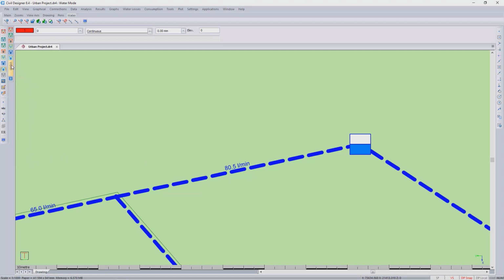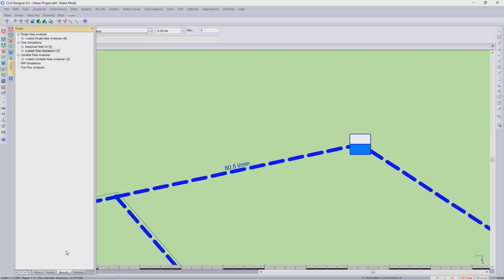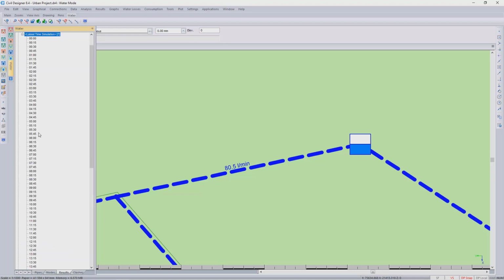So we'll go over to our water, we make sure that we're in the results tab, and we can expand our time simulation and go across to 4 o'clock. You'll notice once I've clicked on this, the value will change. So there you can see it's 482 liters per minute that is flowing in that pipe at 4 o'clock.